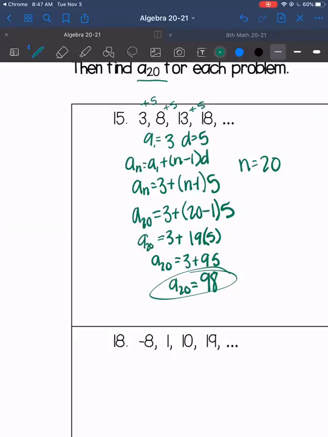There's lots of different ways that they can provide this question, but just know that you're looking for a common difference. Is it adding the same number each time? And then what's my first term? Put it in either explicit or recursive.